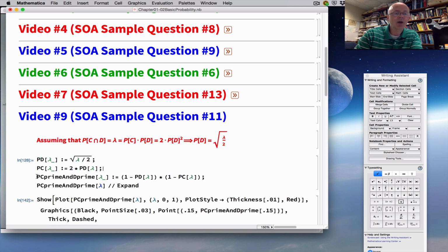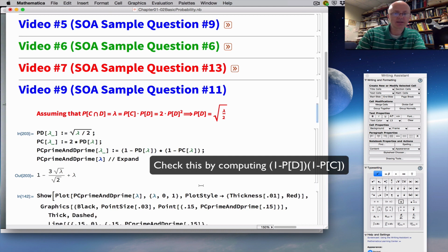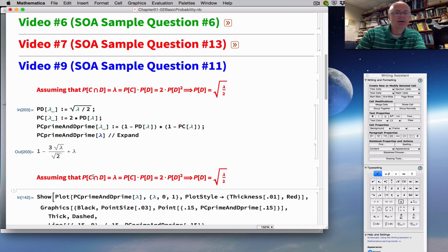Then you can find the probability of C prime and D prime in terms of lambda, and you can see what it equals. And there's the answer. This is the answer to the extra question as far as what the probability of C prime intersect D prime is. Let me do a little copying and pasting to save time. C prime intersect D prime.